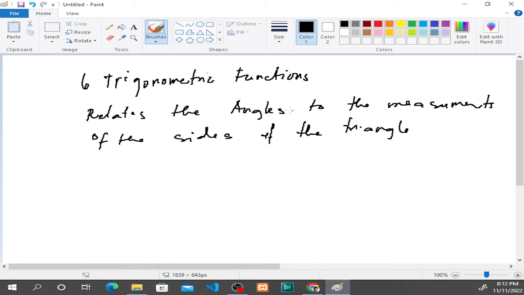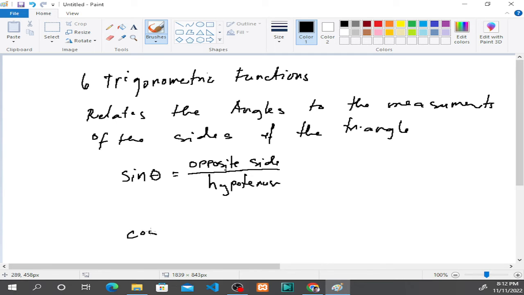Okay, so we have the sine function. Sine of the angle theta is the relationship between the opposite side of the angle to the hypotenuse. So that's the sine.